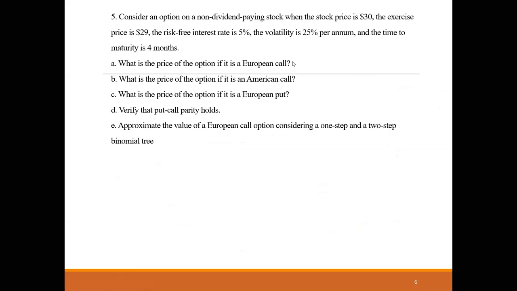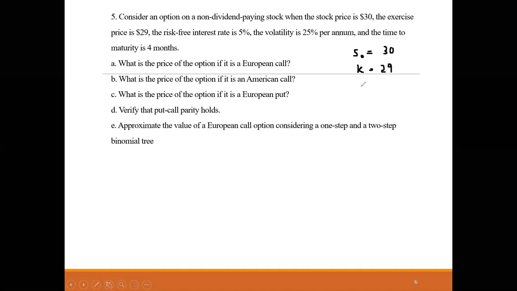So consider an option on a non-dividend paying stock. When the stock price is 30, S0 is 30. The exercise price is 29, K is 29.